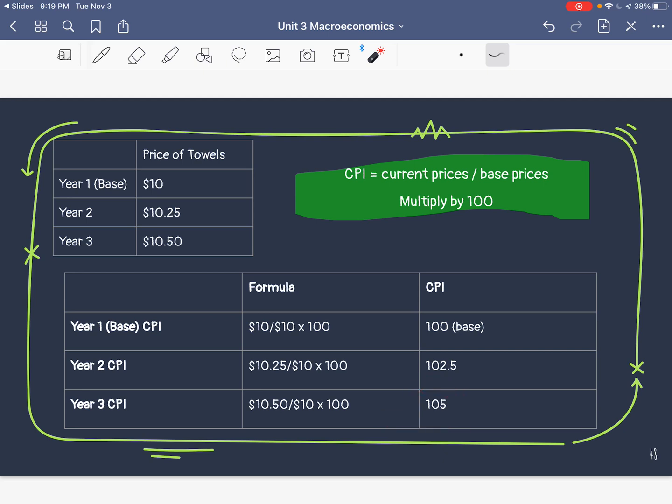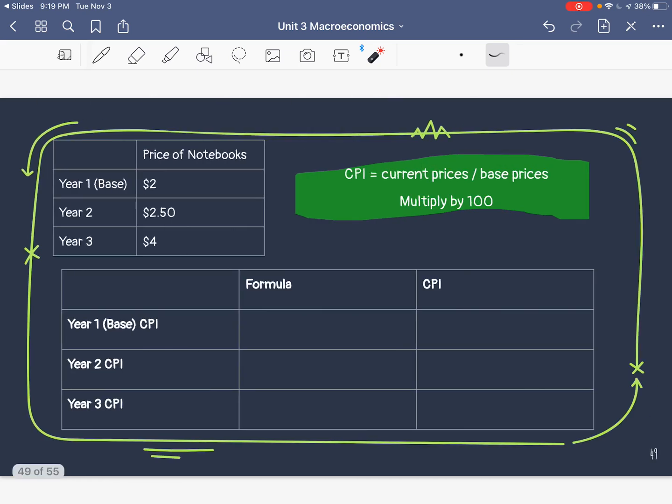So prices have gone up from 100 as our CPI to 105, and you see how inflation is impacting the price of towels. Now, I know you're thinking it went up a quarter, it just went up another quarter, who cares? Imagine if this was 10 million and all of a sudden this was 10,250,000 and 10,500,000. Those are bigger numbers, okay?